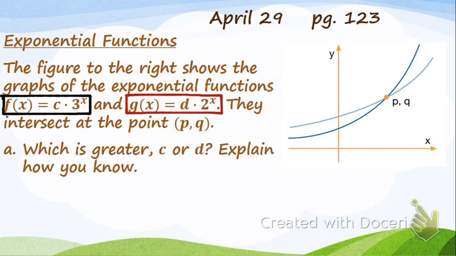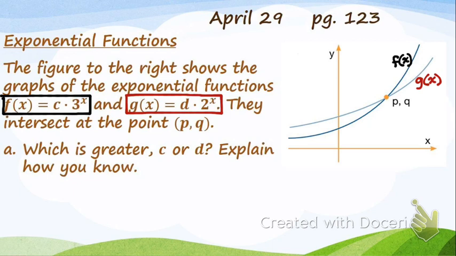The darker blue one on my screen, is that one growing faster or slower? Faster. It's steeper. So which one is that, f or g? F. This is f of x because it's growing faster. Yes, the light blue one then would have to be g of x.